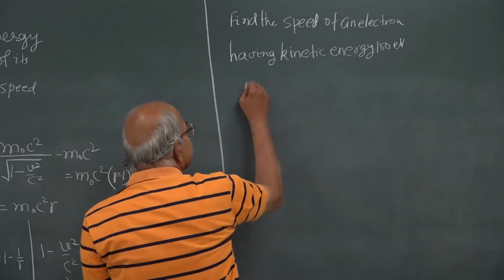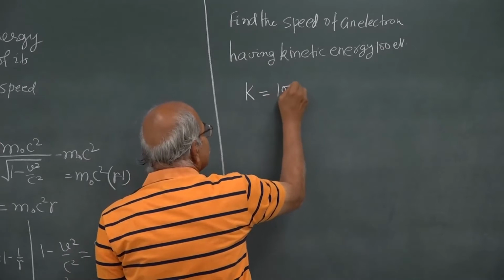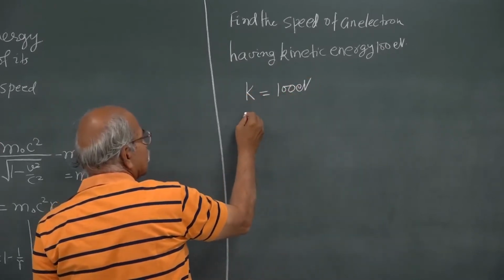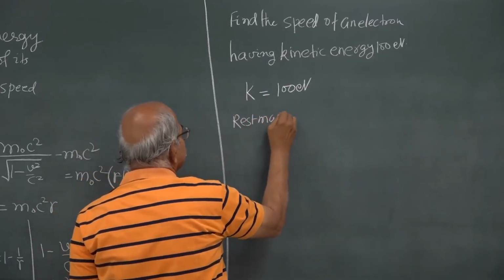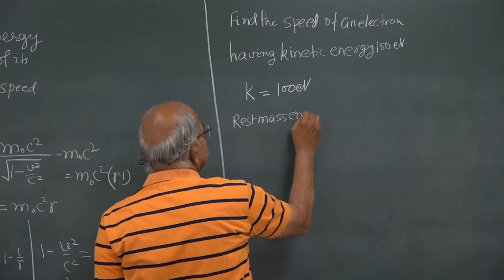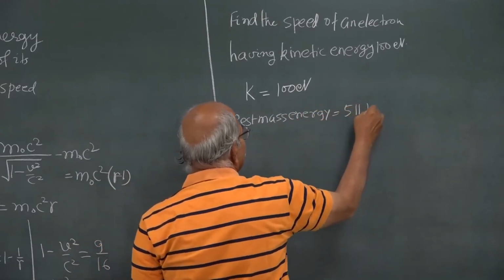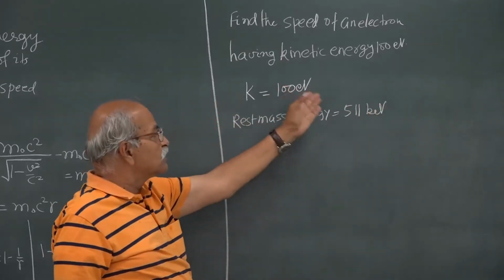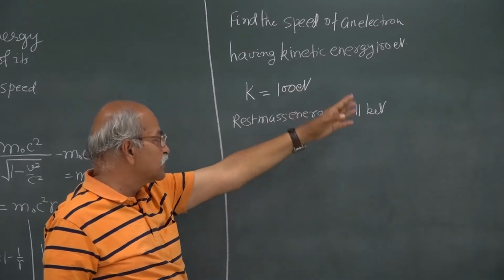So, the kinetic energy is 100 eV and the rest mass energy is 511 kilo electron volts. So, this 100 eV is much smaller than this 0.1 keV and this is 500 keV.